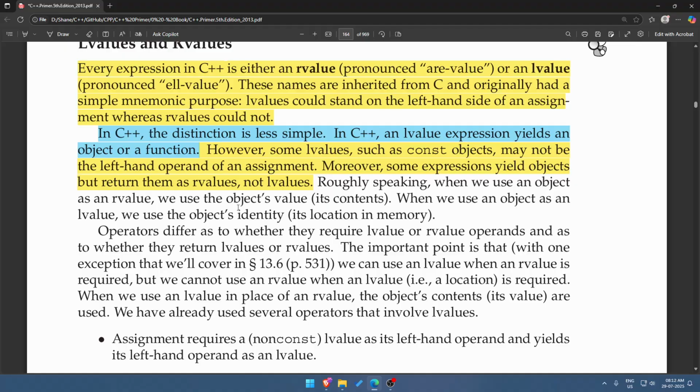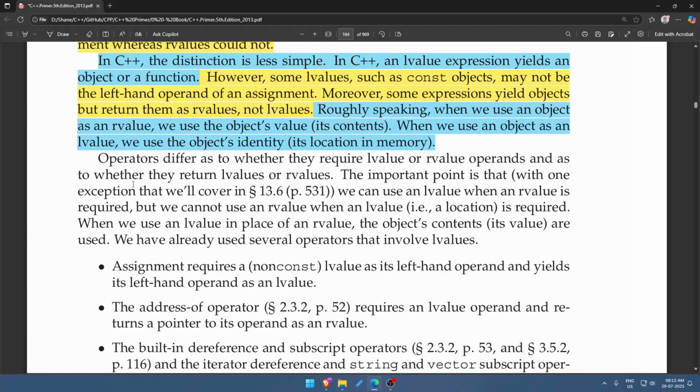When we use an object as an L value, we use the object's identity, its location in memory. Operators differ as to whether they require L value or R value operands and as to whether they return L values or R values. The important point is that with one exception that we'll cover later, we can use an L value when an R value is required, but we cannot use an R value when an L value is required.